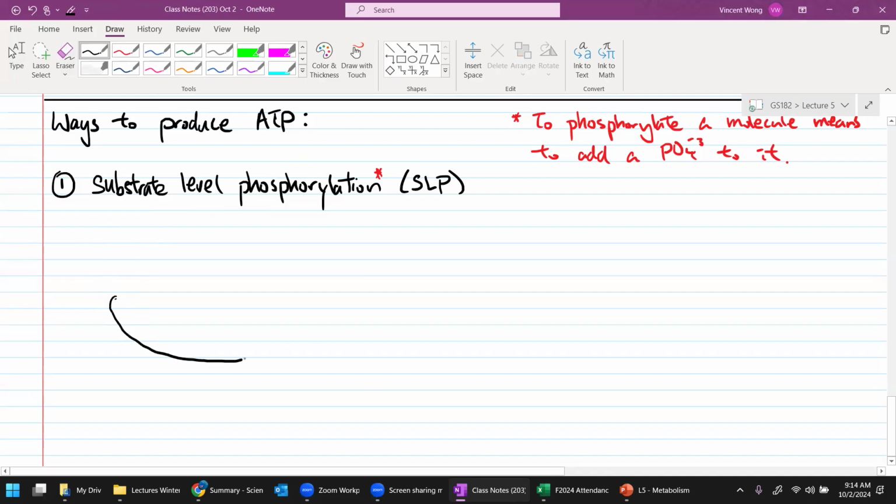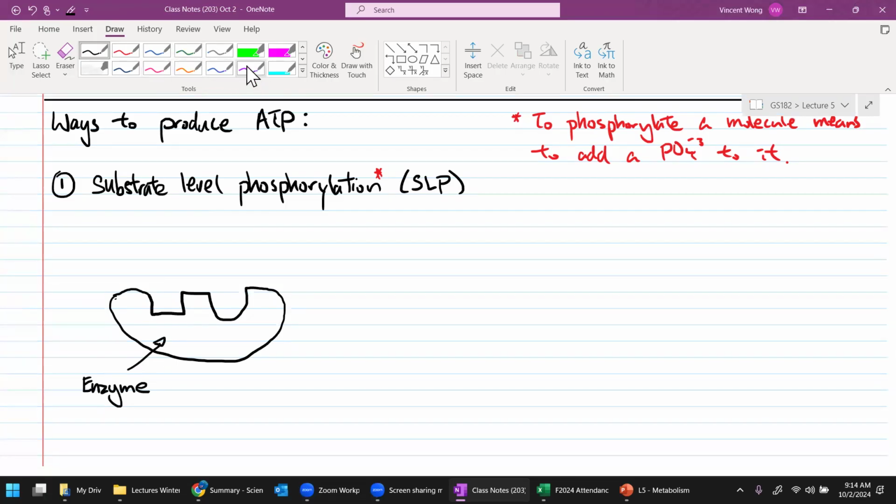For this to happen, we need three things. We need an enzyme. We need a fuel or donor molecule.